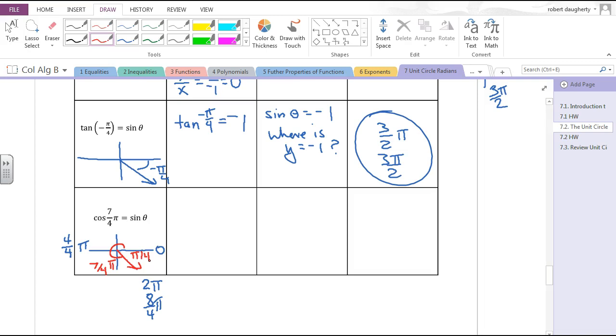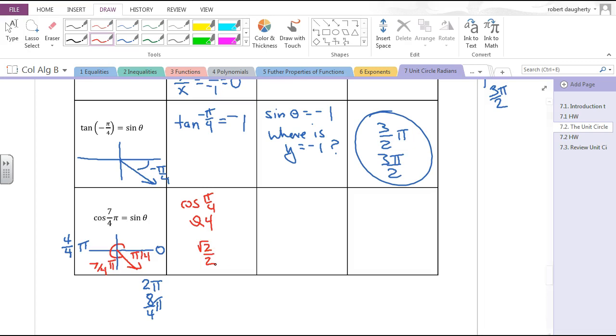So this is finding out what is the cosine of pi over 4 on your unit circle in quadrant 4. Cosine is your x value. The x value at pi over 4 is square root of 2 over 2. So for the cosine, the answer is square root of 2 over 2, and I'm in the fourth quadrant where the cosine is positive.